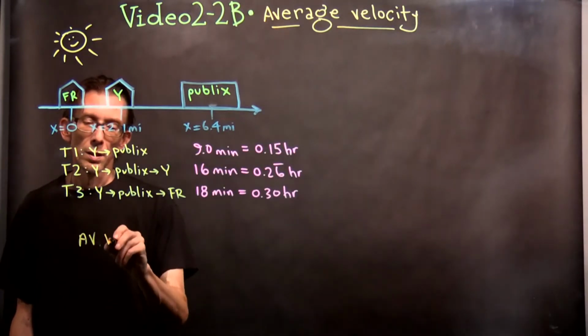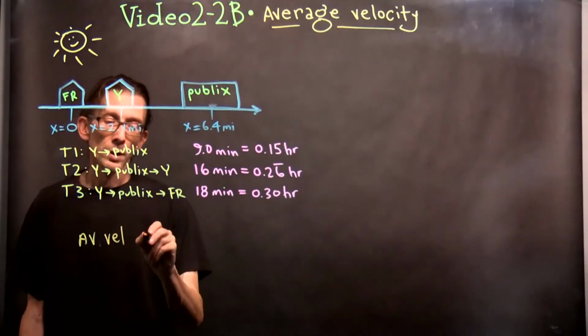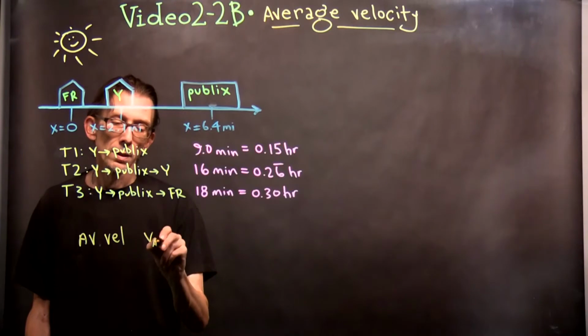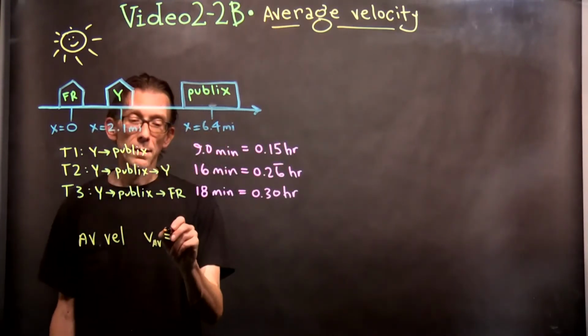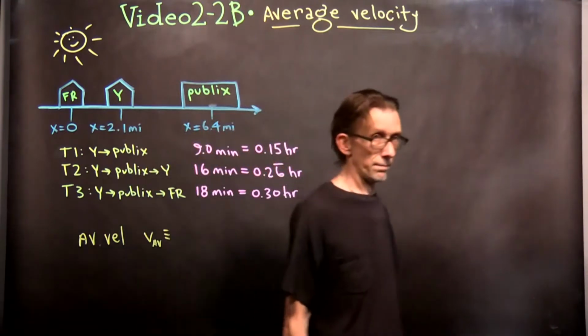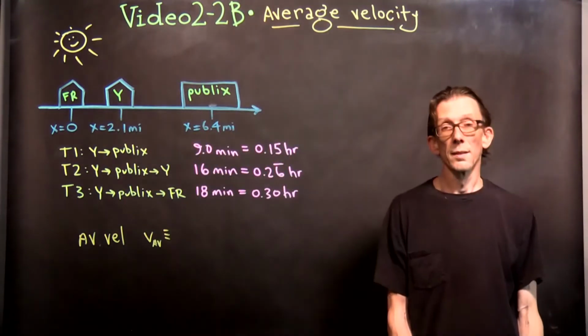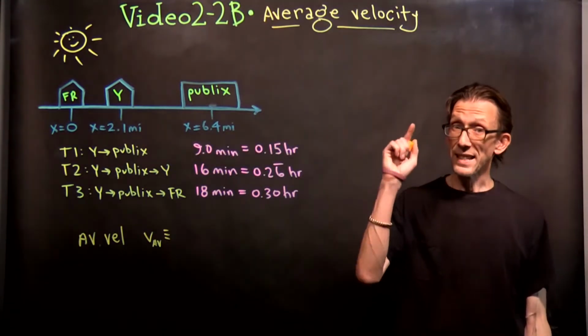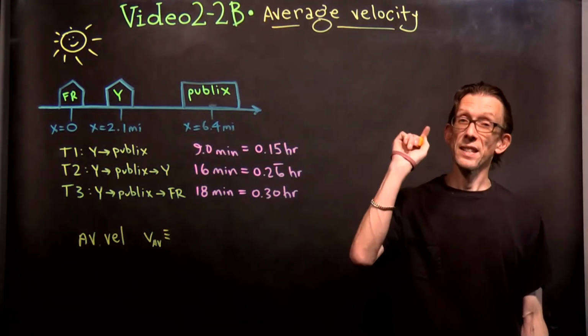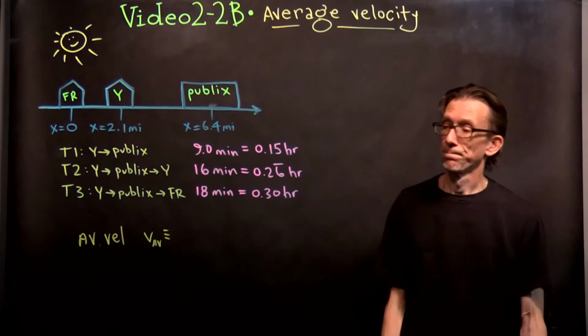Average velocity actually has a symbol, v sub AV. It is defined as not the distance over elapsed time, but the displacement over elapsed time.